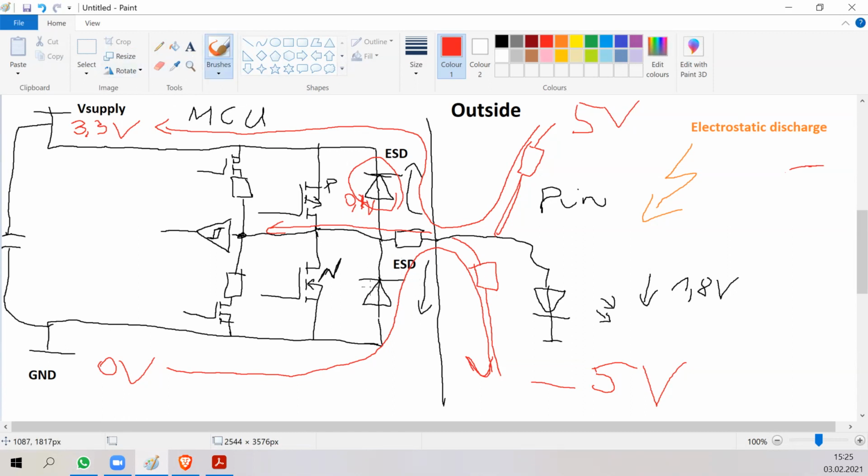It will just heat up this diode and this resistance, and maybe nothing bad will happen. So these diodes are actually really good. However, sometimes they cause problems with leakage currents. And now I will demonstrate a case where these ESD diodes at the same time help and bother.